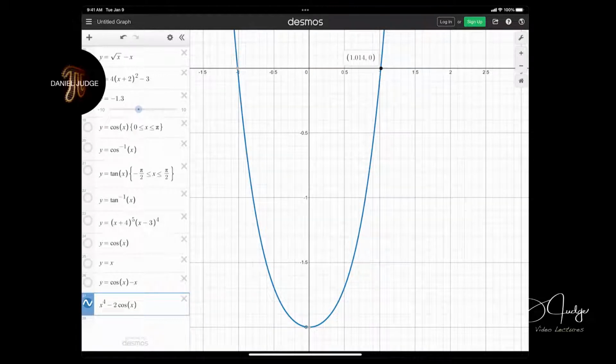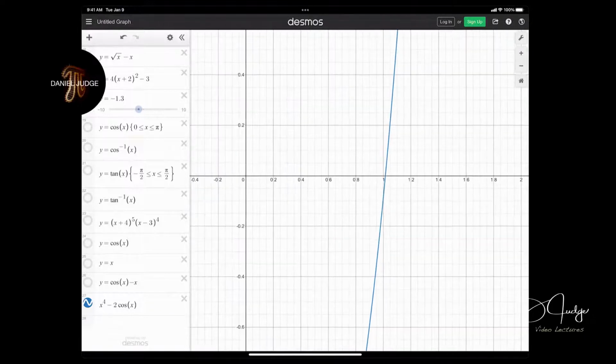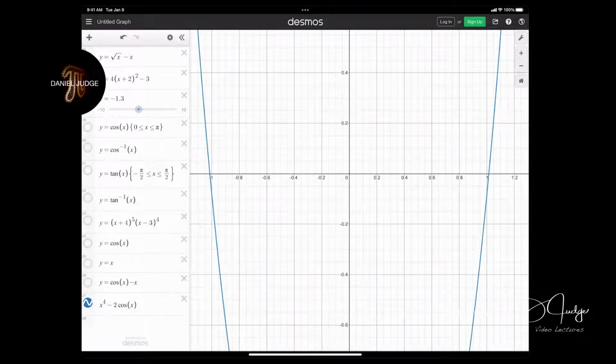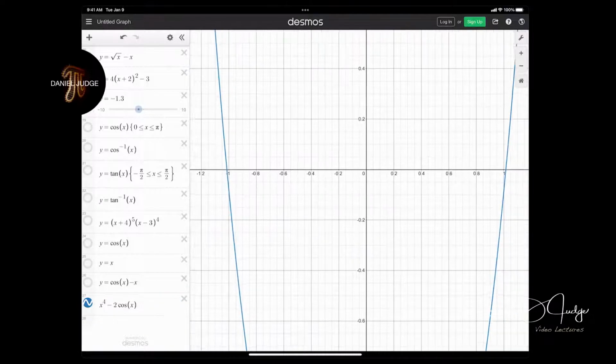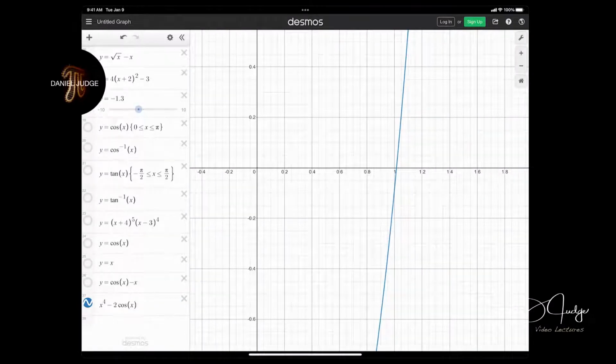It's going to have a root at about 1.014. It's not 1, but 1.014. This is the location where you're going to cross the x-axis. That's what we're going to really look for. That's the root. Same thing over here. It has 2, but we're not going to find that root. We're only going to find the first root in the interval 0 to 2. And that's where we're going to start Newton's method.